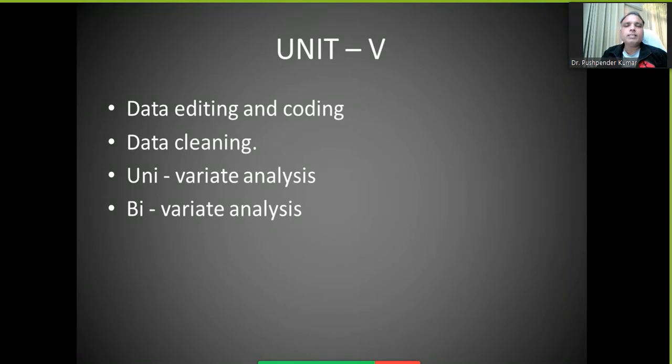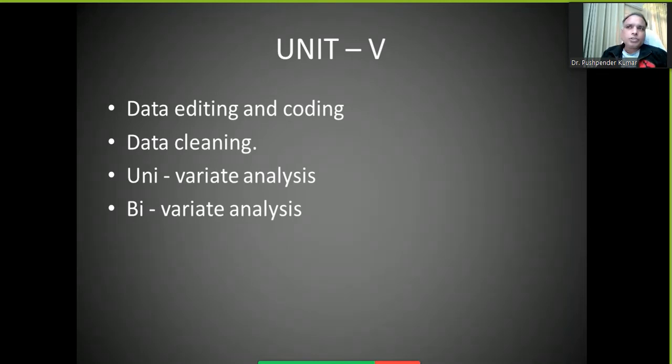So that means if some information is missing, and second, if some information is exceptionally there, then you need to take care of that information. Now second point, as we have been mentioning, you cannot put the data as it is into the software, Excel or SPSS or R programming.